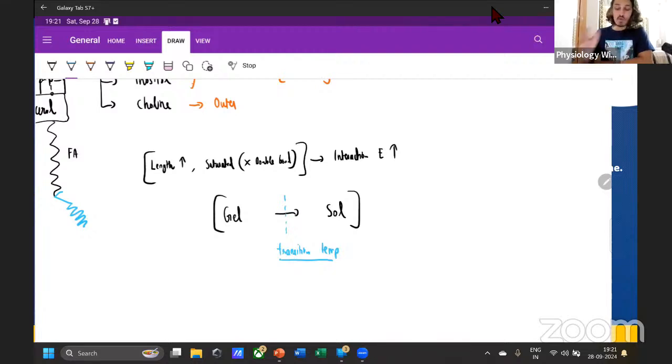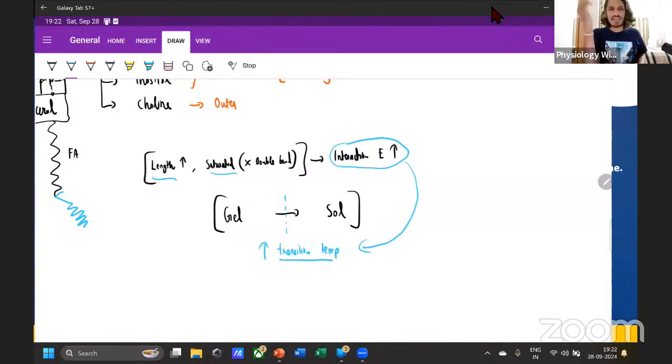So if the interaction energy is high, in that it has longer length or saturated areas, then it requires a higher temperature, so the transition temperature will be higher. On the other hand, if it has a shorter fatty acid tail and more double bonds, then the transition temperature is going to be lower.